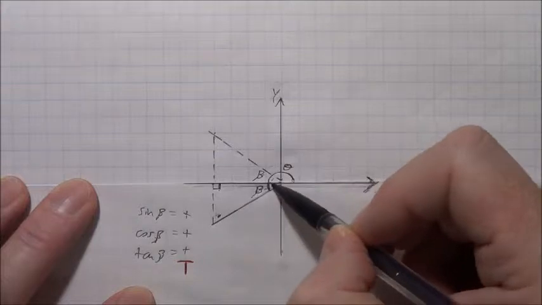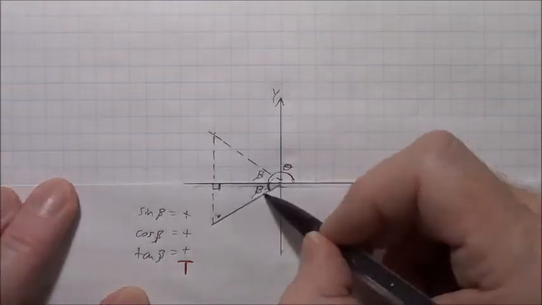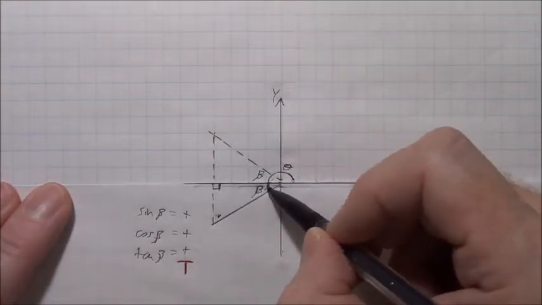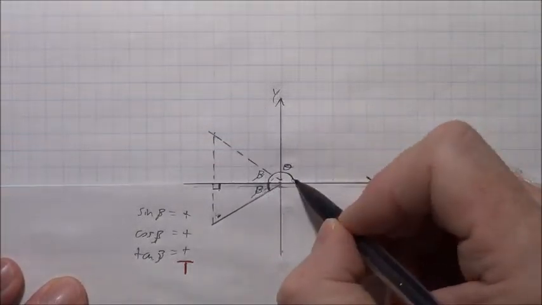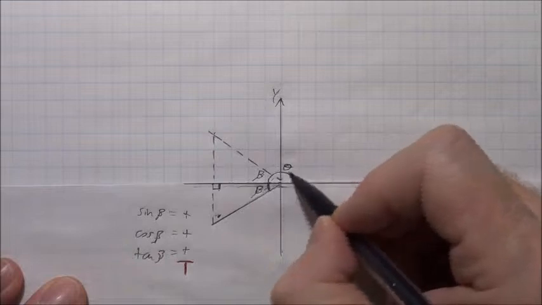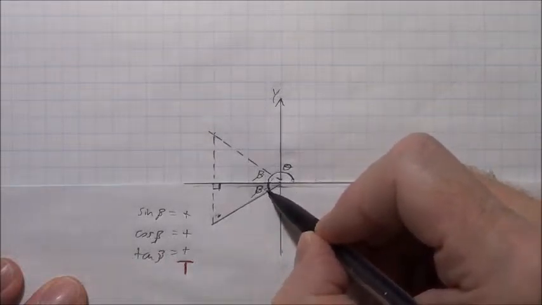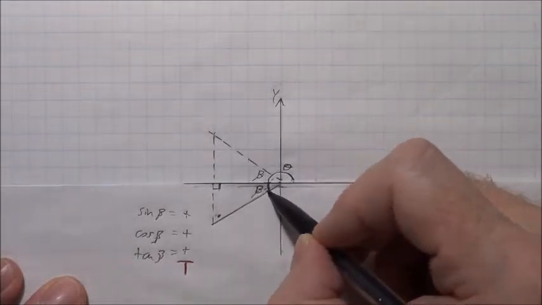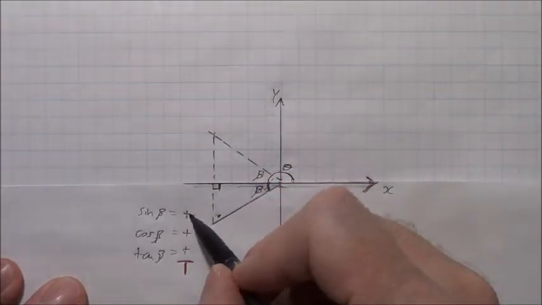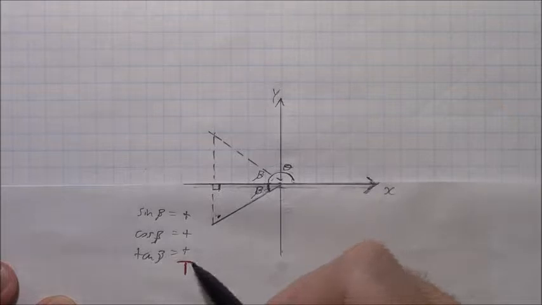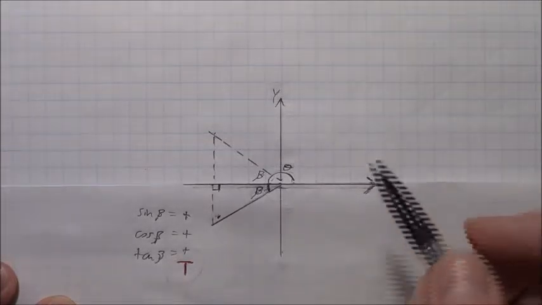As this angle got bigger, but they reset themselves, so we take beta as the positive acute angle, and it's related to this angle theta. Now this angle theta is a reflex angle because it's past 180 degrees. And so we take sine beta as positive, and then we just deal with the CAST rule after that.